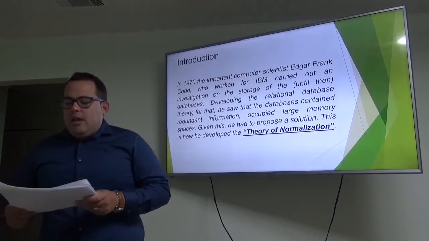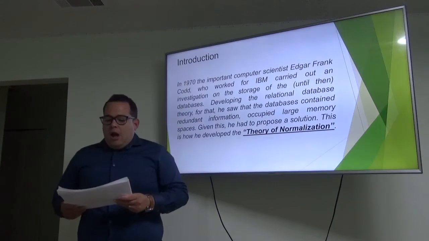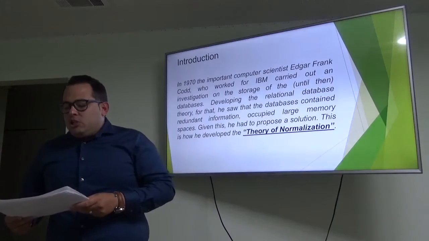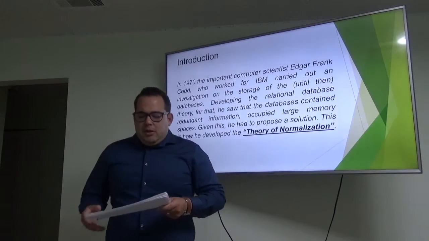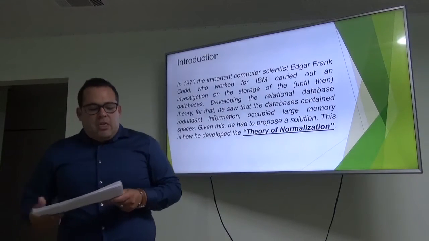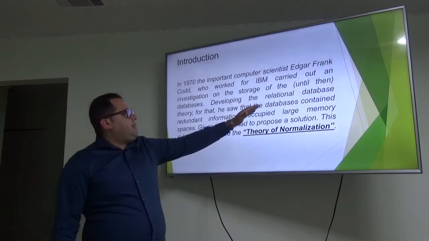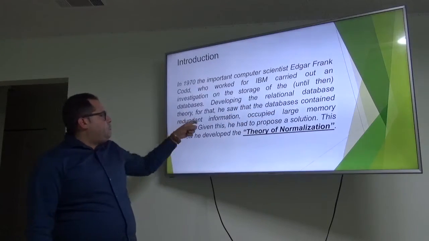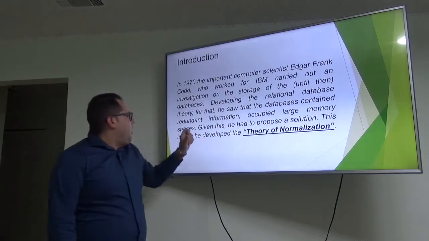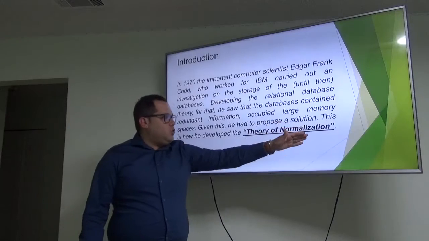computer scientist Edgar Frank Codd, who worked for IBM, carried out an investigation of the storage of databases, developing the relational database theory. He saw the databases contained redundant information and occupied large memory spaces, and given this, he had to find a solution.